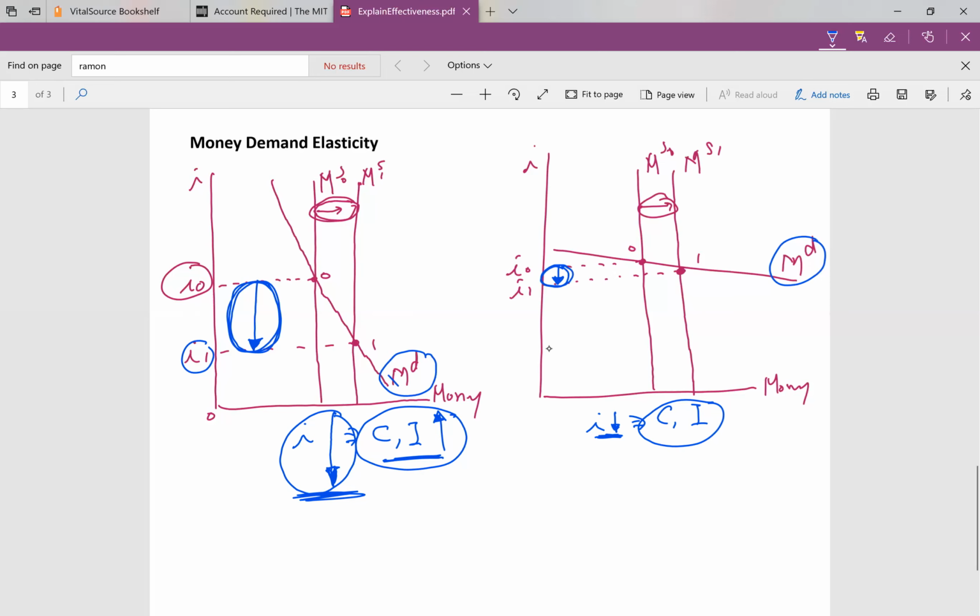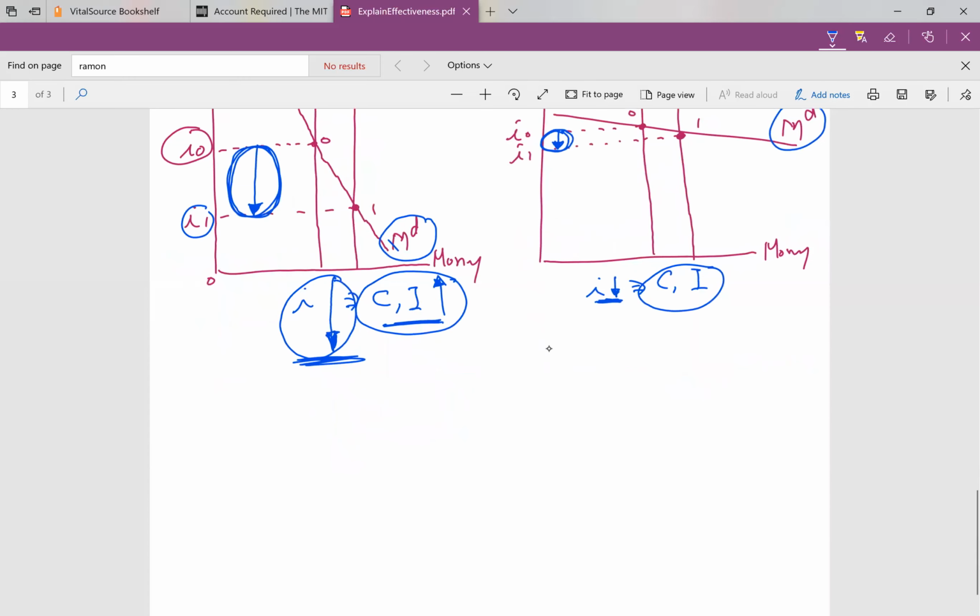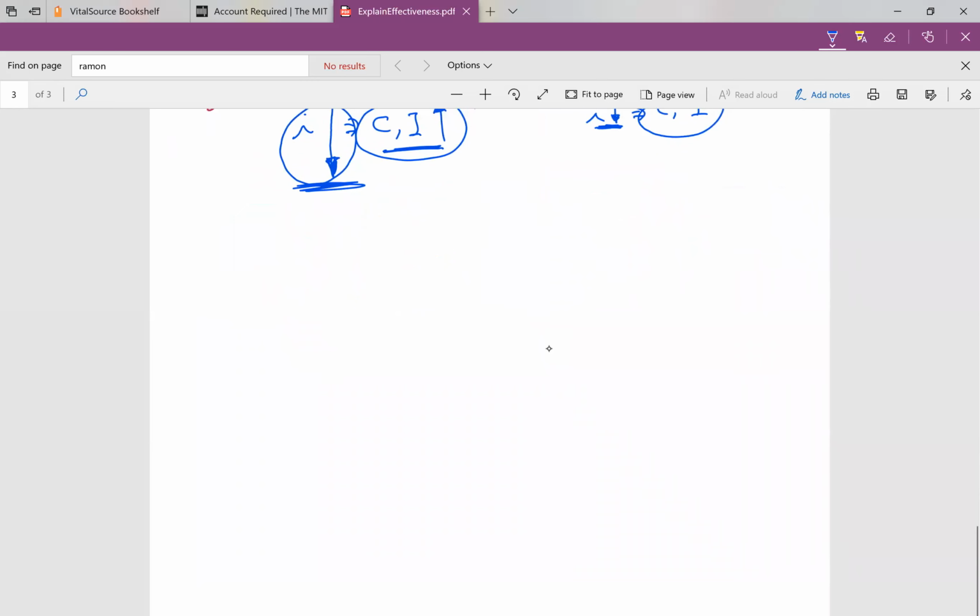Why is this important to understand? Well, beyond analyzing the reasons, the motives, why the money demand may be elastic or inelastic, I think it's more interesting to see how this shape of the money demand will imply different effects on monetary policy.